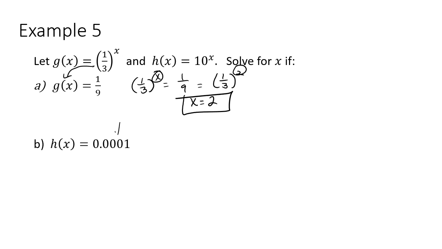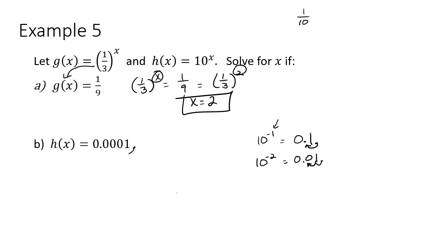Same thing for h of x, but now we're going to do a quick review of negative powers of 10. So 10 to the negative first power would be 1/10, 1 over 10, or 0.1. 10 to the negative second would be 1 over 10 squared, 1 over 100, 0.01. So in other words, if you have just a decimal with a bunch of zeros to a 1, you imagine the decimal starting to the right of the 1, and then you count how many places to the left that it goes to get the exponent. 1, 2, to get 10 to the negative second.